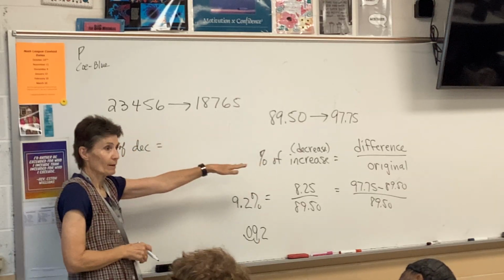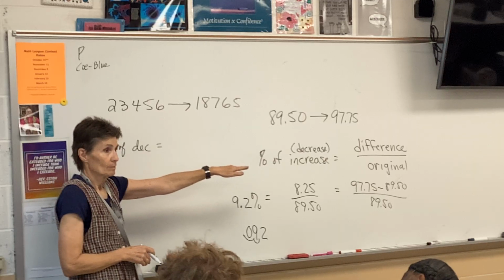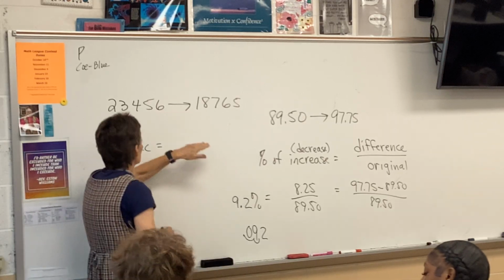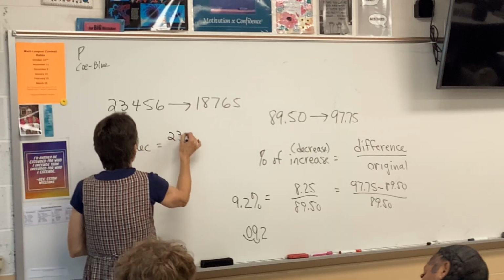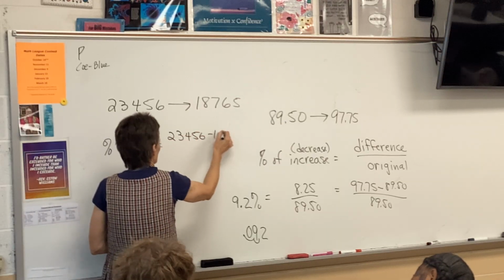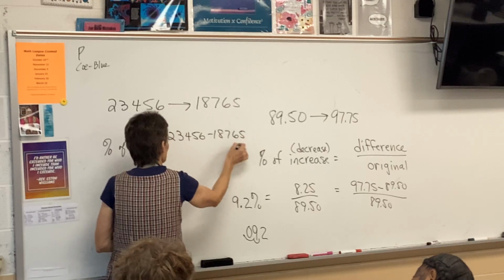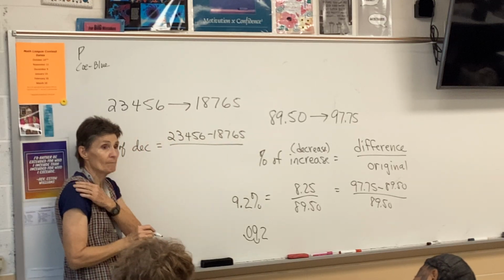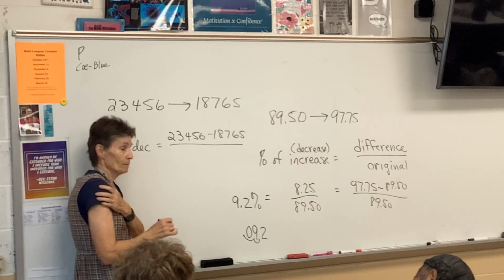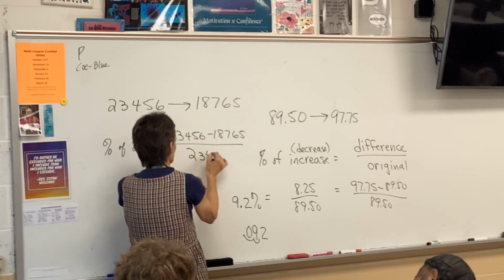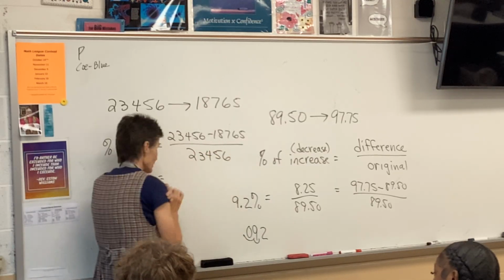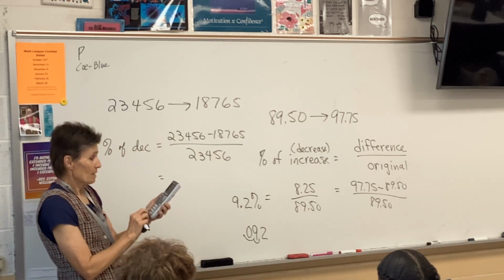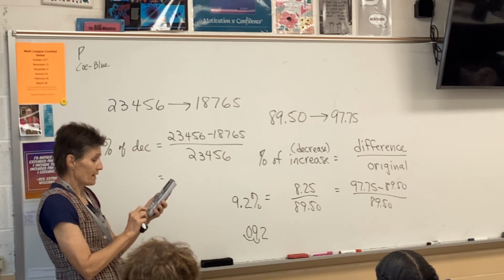We find the difference. So that'll be 23,456 minus 18,765. And then we divide it always, always, always by the original. So 23,456. And that's going to tell us what percent the value of our car went down.